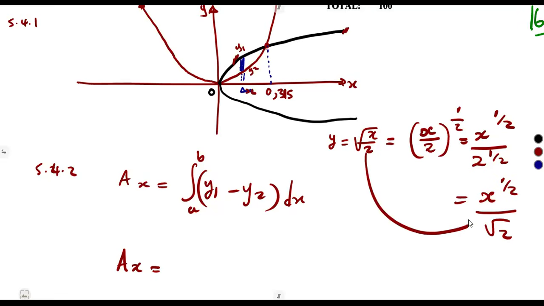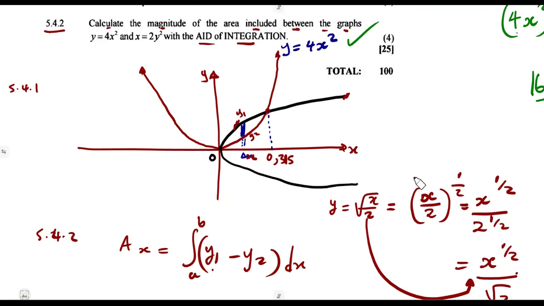The same thing that we see can be written like this. Because, guys, you see, inside you need to integrate. How are you going to integrate the square root? But if you have it in the way that you understand, you see? So we're going to have y1 in a format that we can integrate: x to the exponent of a half over the square root of 2, minus y2.